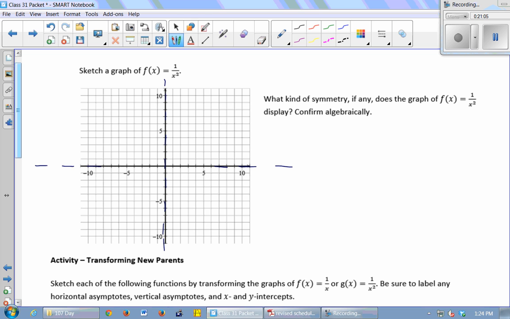And I know that when I approach 0 from the right and from the left, from either side, as I head in towards 0, the graph shoots up. And then as I head out towards the right and towards the left, the graph is supposed to come down towards 0. And it should go through the point 1, 1, so I drew this badly.